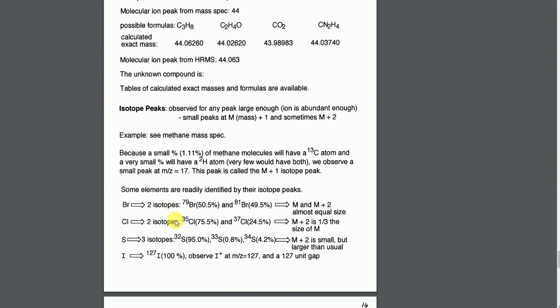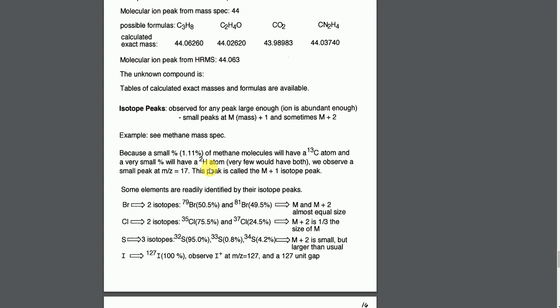Okay? So now we need to look at isotopes. And this is really the most important thing on your exam. There are 4 isotopes that you need to be very familiar with. What these M, M plus 1, and M plus 2 values mean is that we have isotopes, and some isotopes differ by, I think it's the number of neutrons that's different.